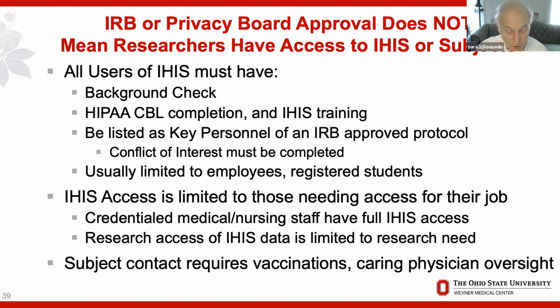One of my jobs is to allow researchers access to the medical records, and they clearly have to have what everybody else has who has full access to a chart: a background check, HIPAA completion, IHIS training, and they have to be on the research record as key personnel.